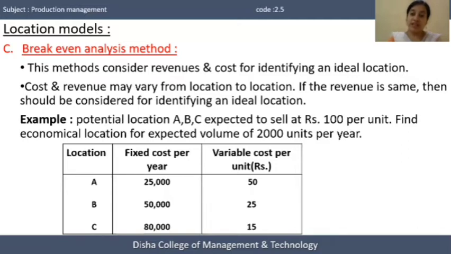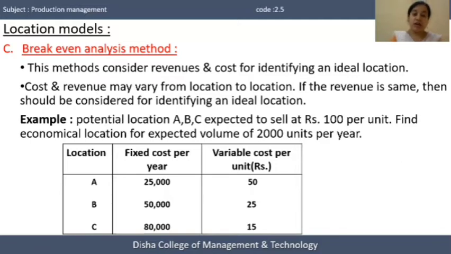Means the industrialist can identify a good location by considering the total fixed cost and the variable cost into account. With an example, you can get a clear idea about the break-even analysis method.